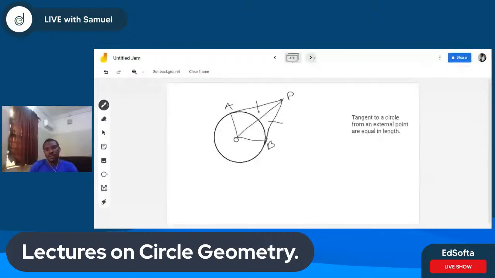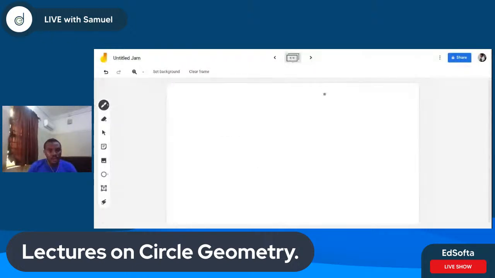So the last theorem is known as the alternate segment theorem. It might come off as being a bit tricky, but we can look at it together to understand it.